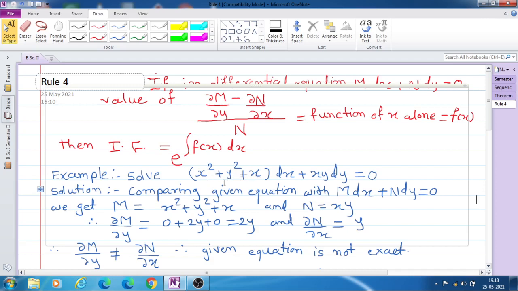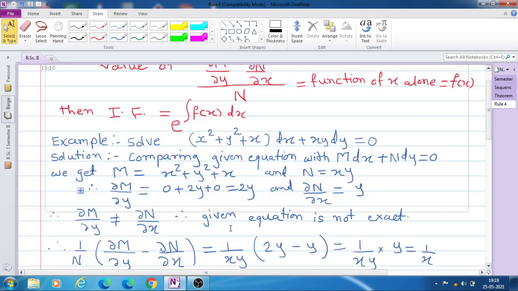Here f2 is a function of xy, but f1 is not a function of xy. Therefore we cannot use rule 3 also. Therefore for this rule we have to find ∂M/∂y and ∂N/∂x.